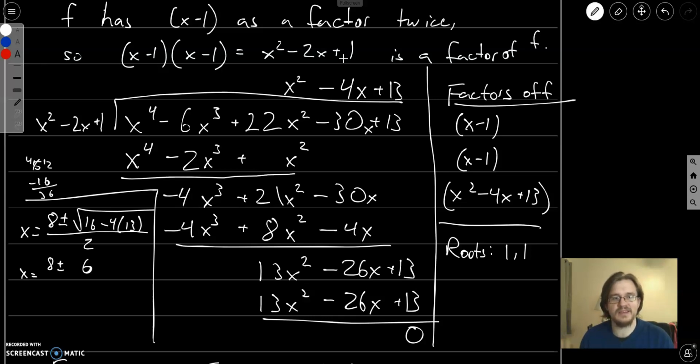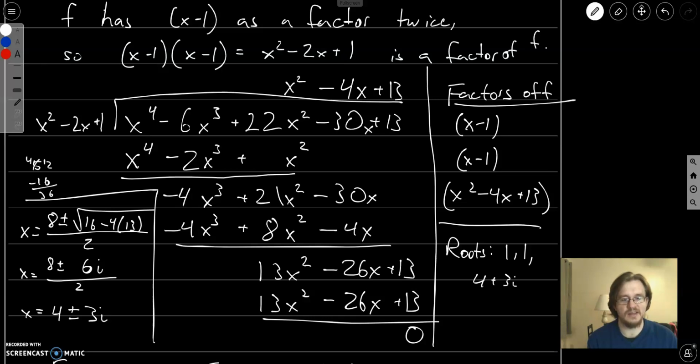I apologize, I've run out of space here. So x is either going to be 2 plus or minus 3i. This is just using the quadratic formula. Nothing tricky is going on here. So the roots are 1, 1, 2 plus 3i, and 2 minus 3i.